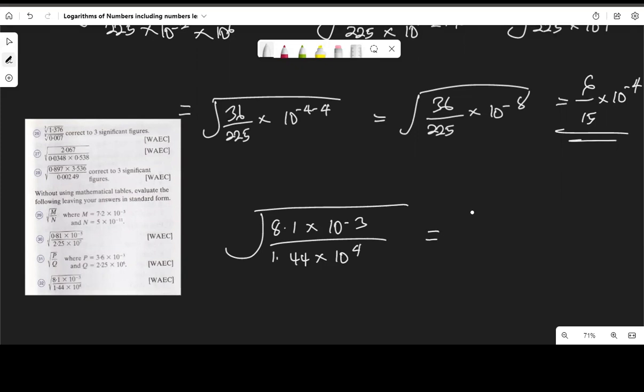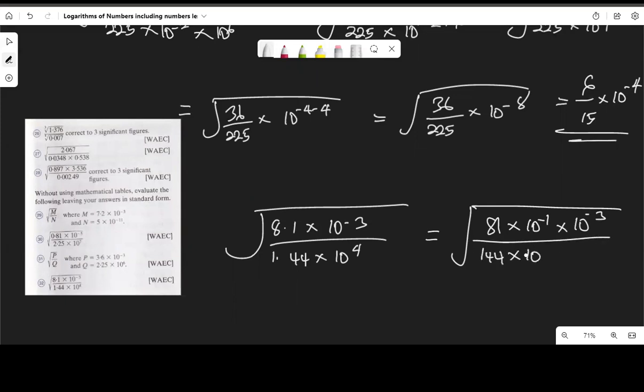This will be square root of 81 times 10 to the power of minus 1, because I moved my decimal point in one position, then times this 10 to the power of minus 3 all over 144 times 10 to the power of, I moved the decimal point in two places here, so minus 2 times 10 to the power of 4.